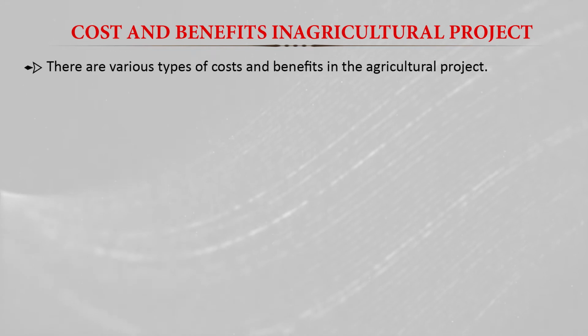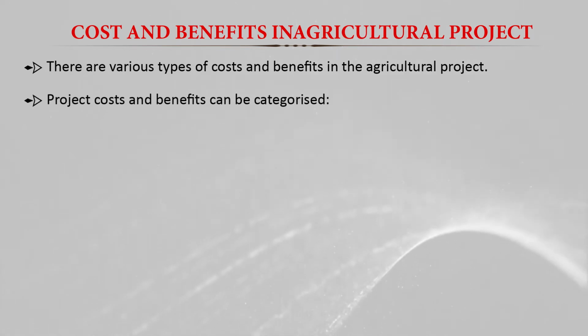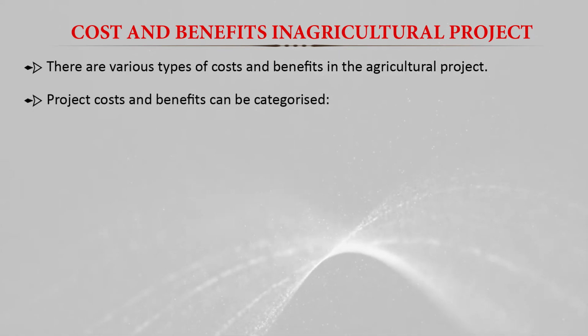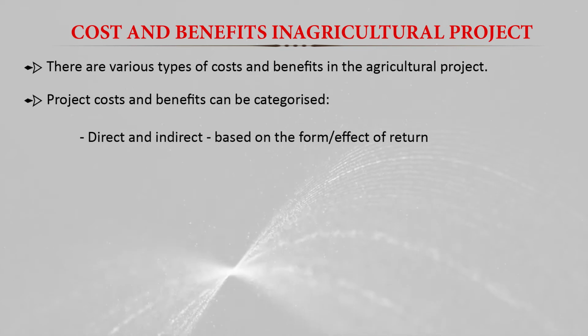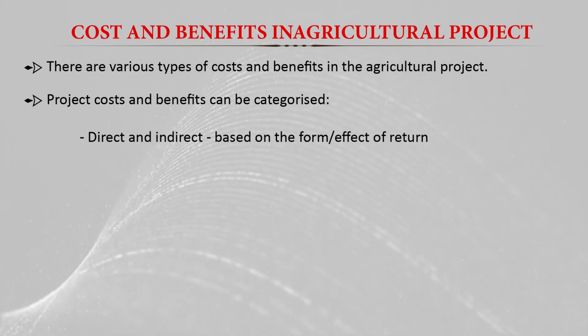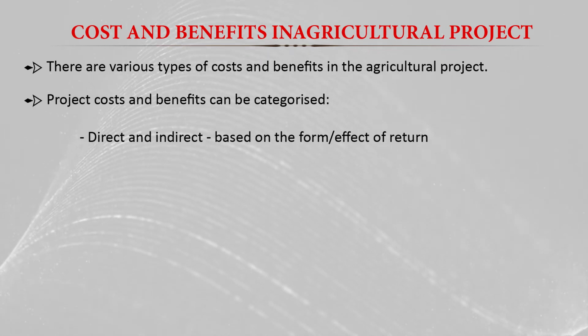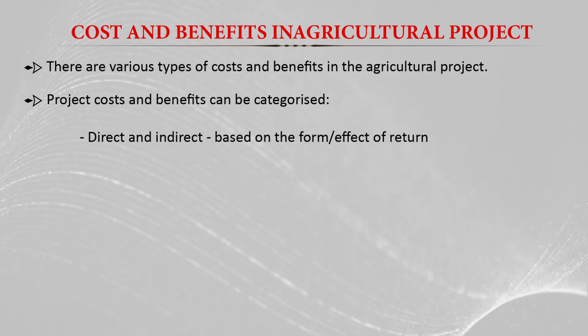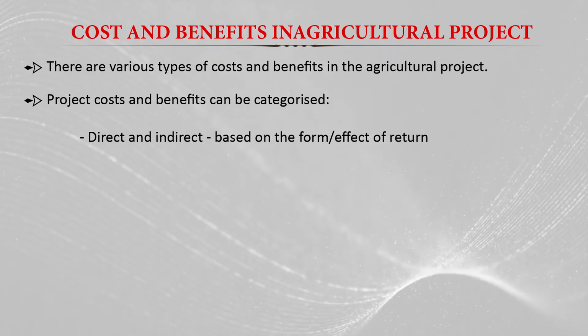There are various types of cost and benefits in the agriculture project. The project cost and benefit can be categorized in 2 categories. One is the direct and indirect cost and benefit, based on the effect of the cost and benefit on the participants.